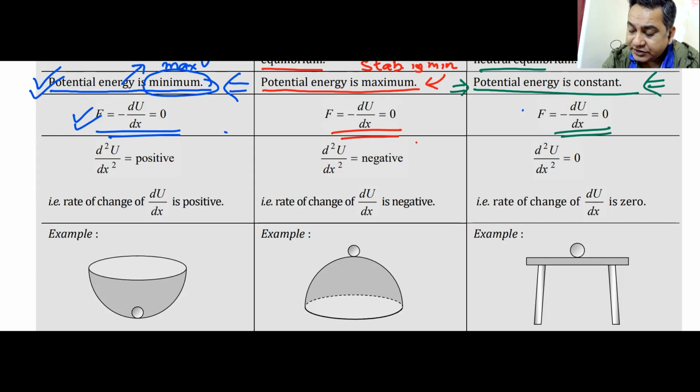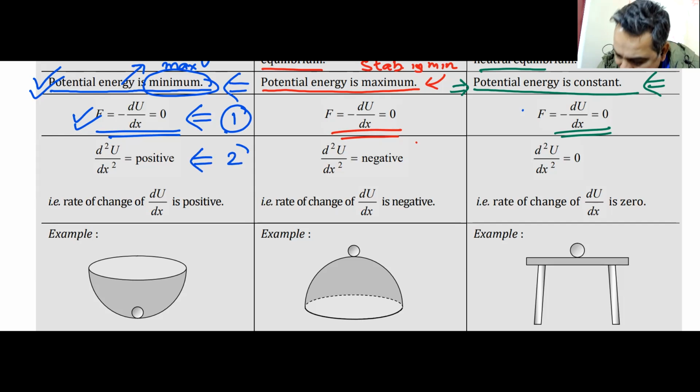The first thing is du by dx is 0. That is number one. To have a maxima or a minima, two things must be satisfied. Number one, du by dx is 0. Number two, d2u by dx square, the second derivative, has to be positive. This is the condition for a minimum value to occur in maths.